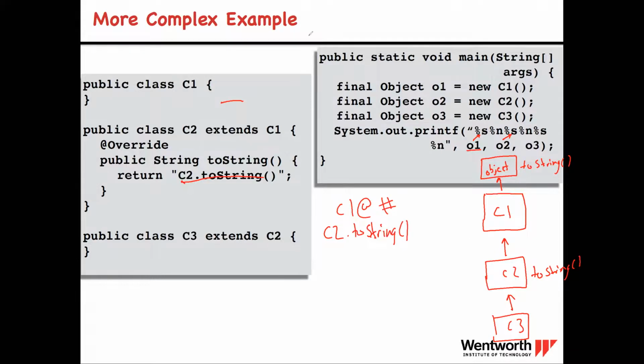Then we go to C3. C3 is the last one that prints. It's also going to use a toString. So we go down here to C3. We say, is there a toString here? No. Let's go up one to C2. Is there a toString? Yes. So this will print C2.toString.